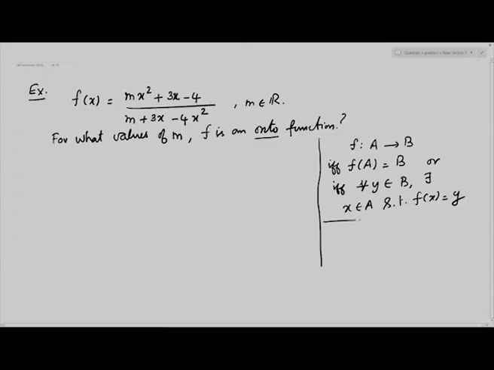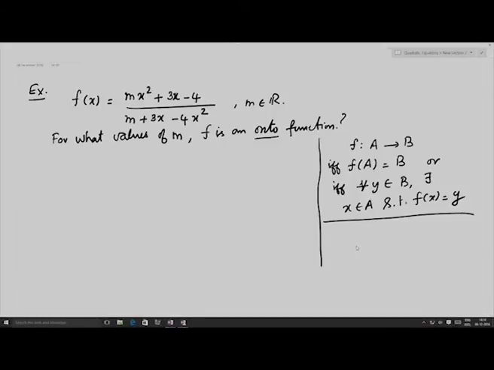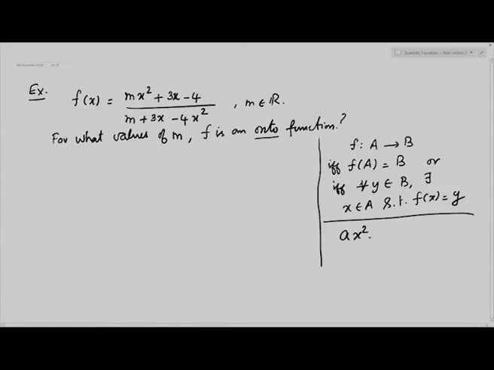And also let me just recall what we did in the previous lecture. If we have a quadratic expression, let us say ax square plus bx plus c, it is greater than or equal to 0 if the discriminant b square minus 4ac is less than or equal to 0 and a is positive.